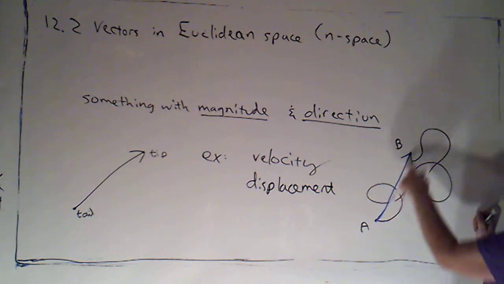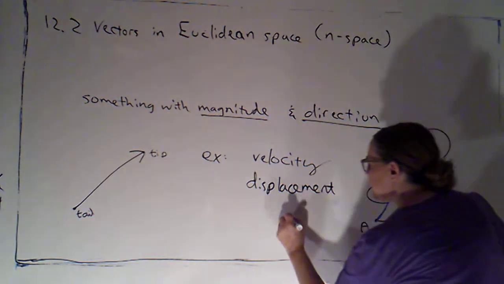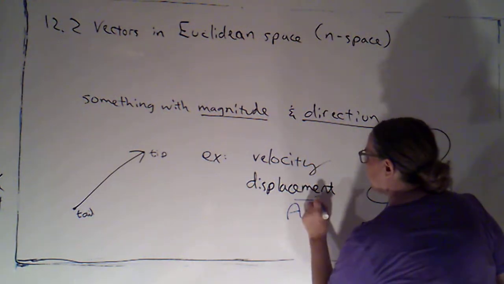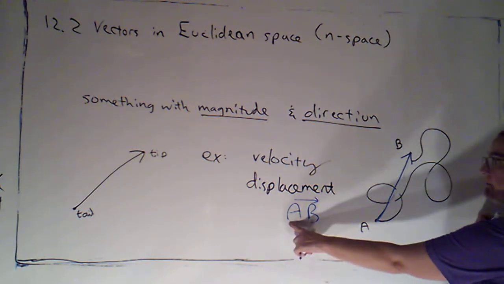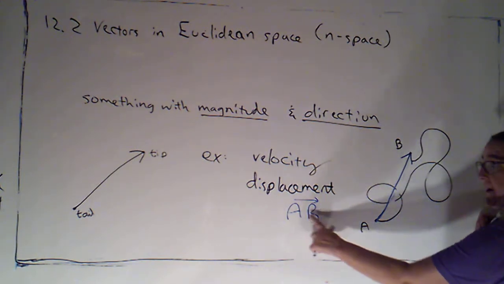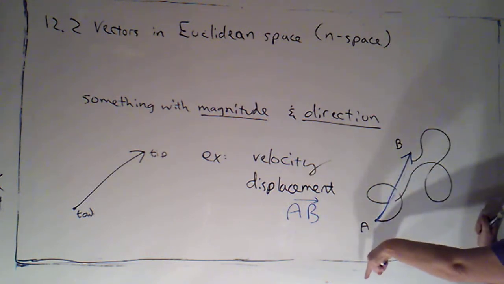When I name the tail and the tip of a vector like this, I could name that vector AB, like so. Be careful, this is the starting point, this is the ending point. The vector BA would point in the opposite direction.